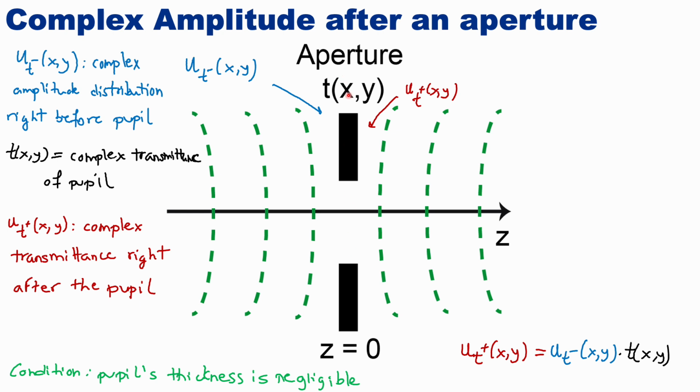So we're gonna identify the complex amplitude distribution right after the aperture as the product of whatever we have before multiplied by the transmittance. And this is super important, and it's a key step in Fourier optics. When we are doing this step, our assumption is that the pupil thickness is almost zero. It's really thin. We don't have thick objects.